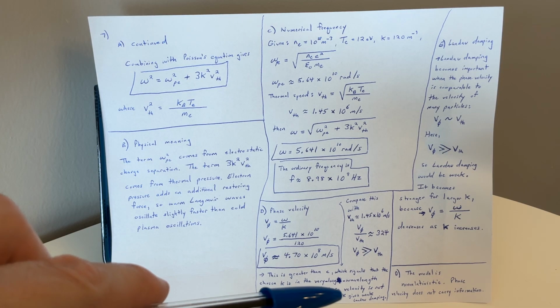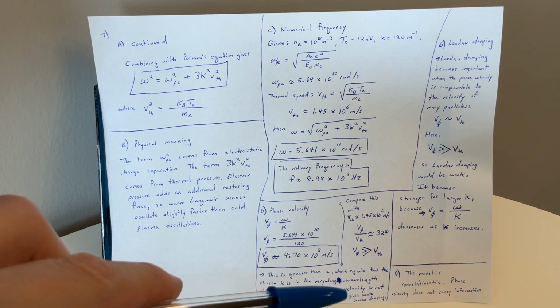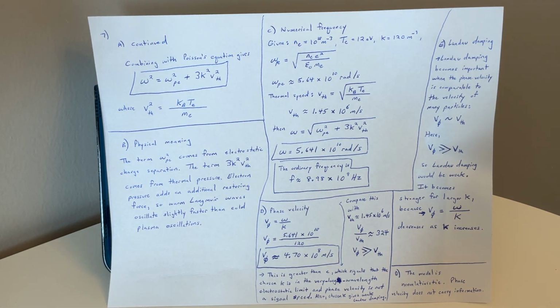Also, the chosen k gives a weak Landau damping. So what we could say here, just going off to the right, the model is non-relativistic, and our phase velocity does not carry information.